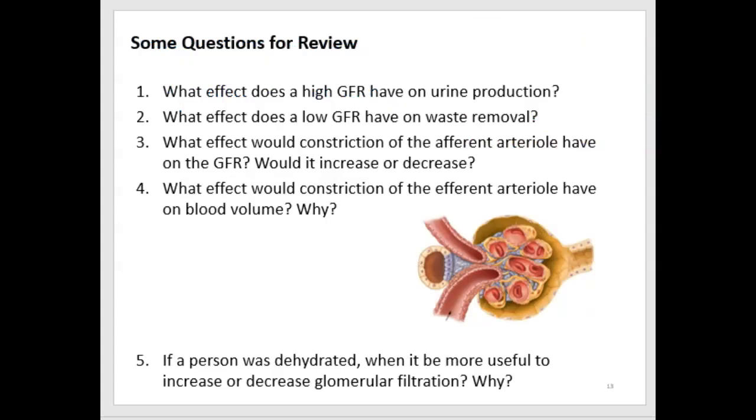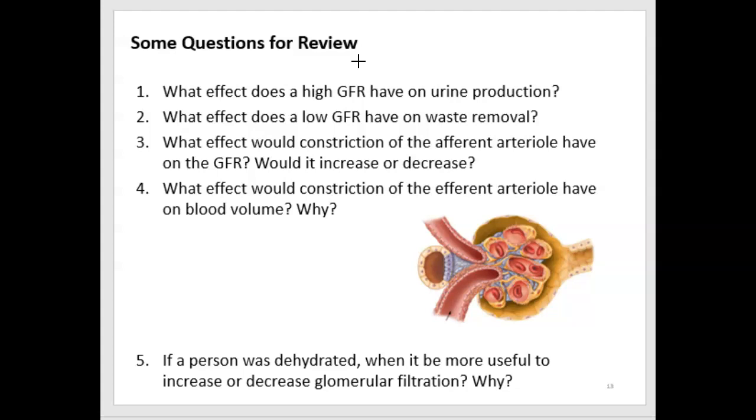So here are some things to review, some things you should understand before you move on. What effect does a high glomerular filtration rate have on urine production? Meaning, would it cause more urine production or less? And the answer is high.